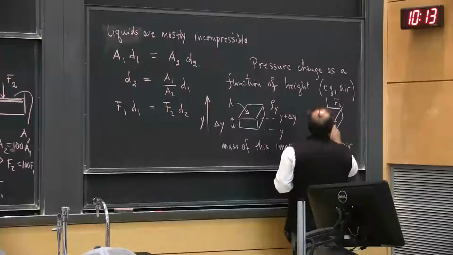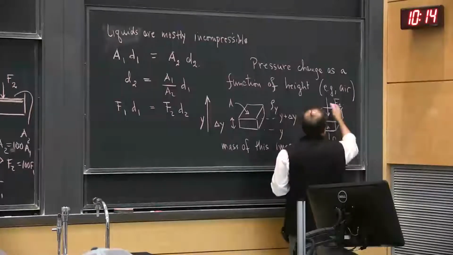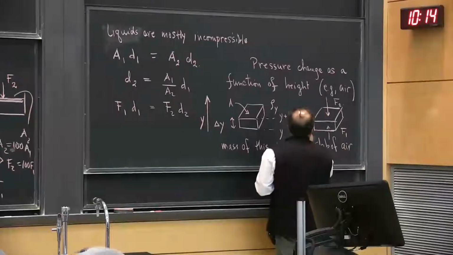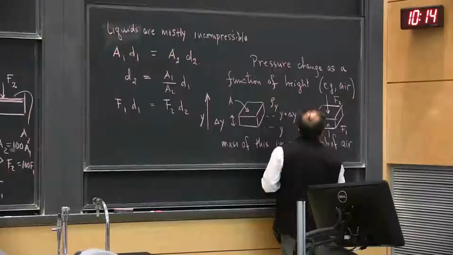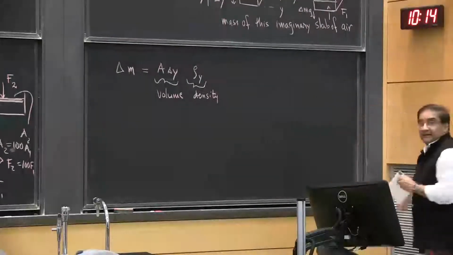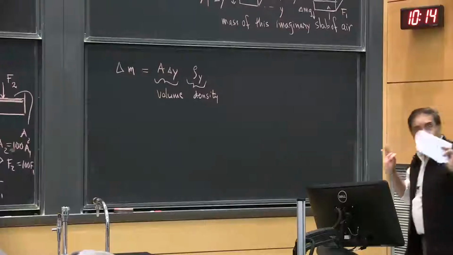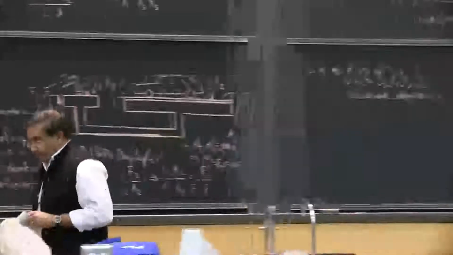Atmospheric pressure is in all directions, so presumably there is a force from below, so let's call that F1. And this has a certain mass, so there is a delta m times g downward at play. So the free body diagram would look something like that. Very simple argument, but it's not so simple that you can take it lightly.